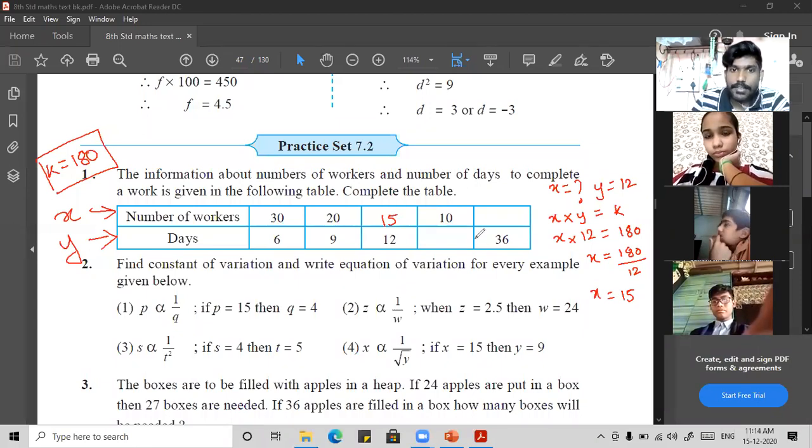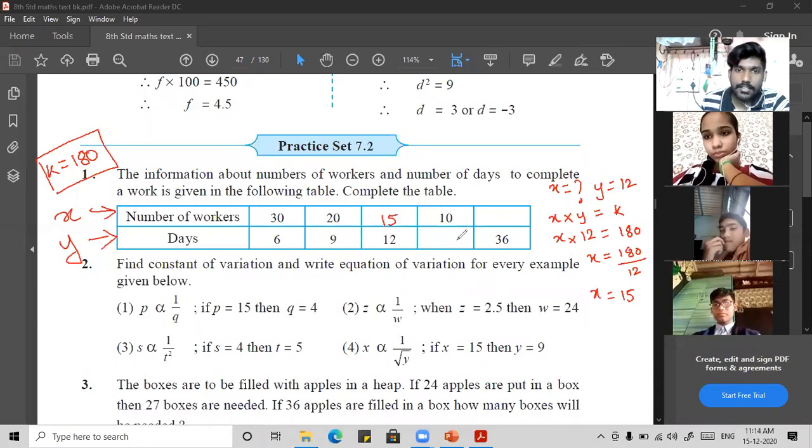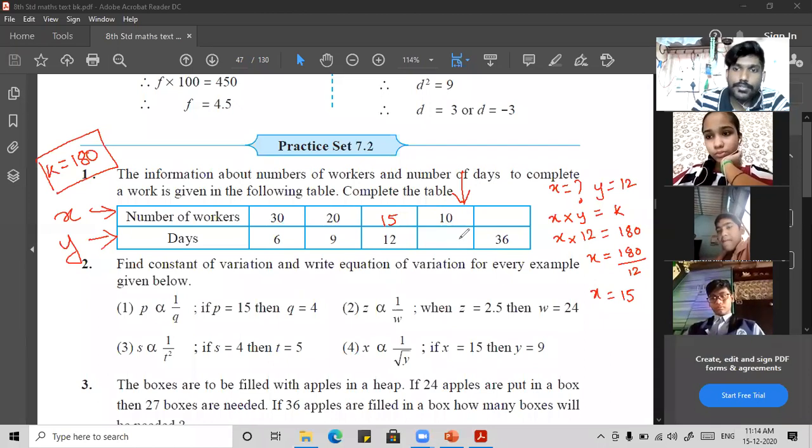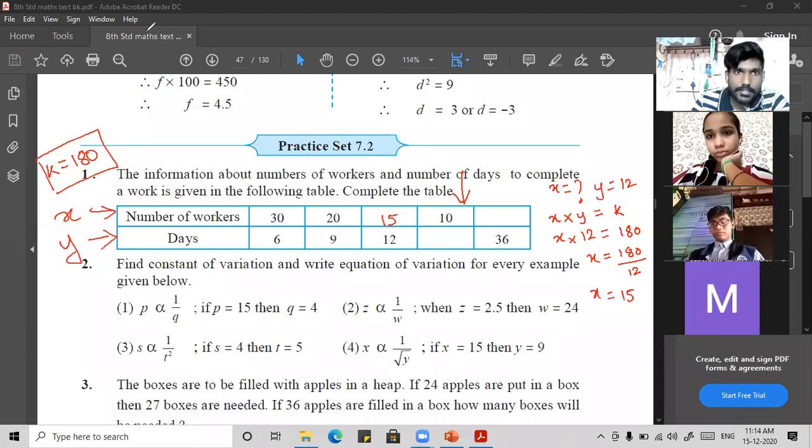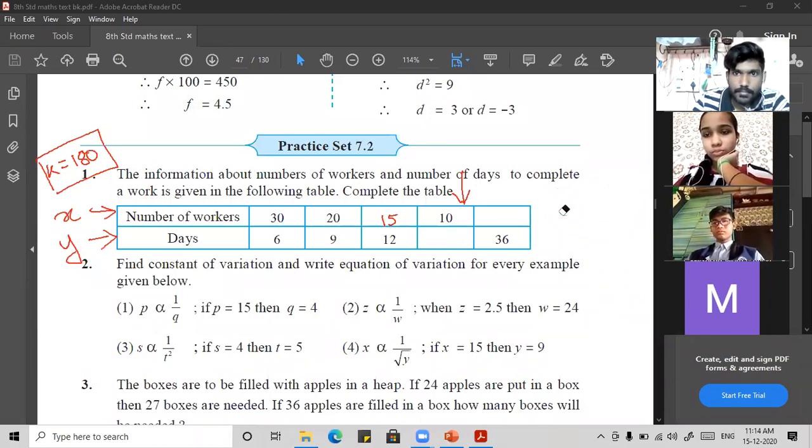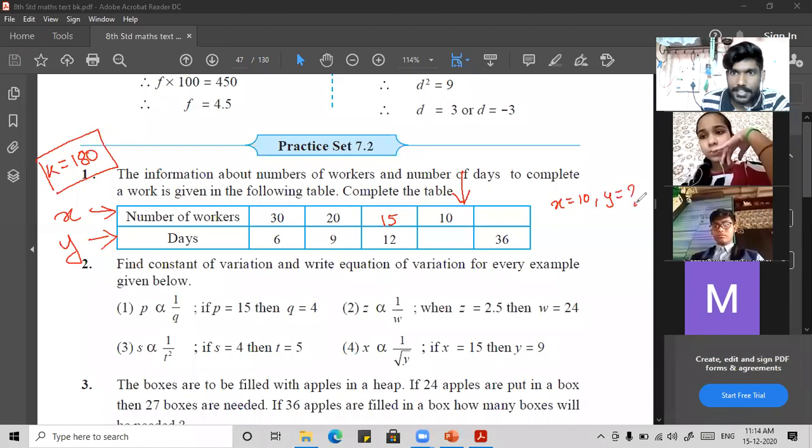In the exact same way, we'll find out the other blank. Here, value of X we know and value of Y we have to find out. I'll just erase this. Now value of X is 10 and Y we have to find out.